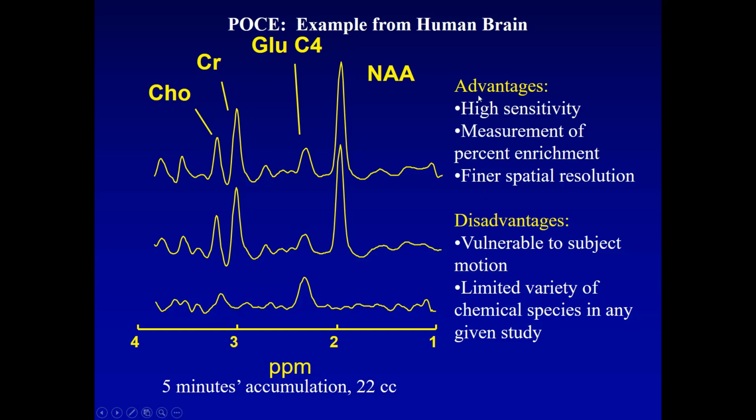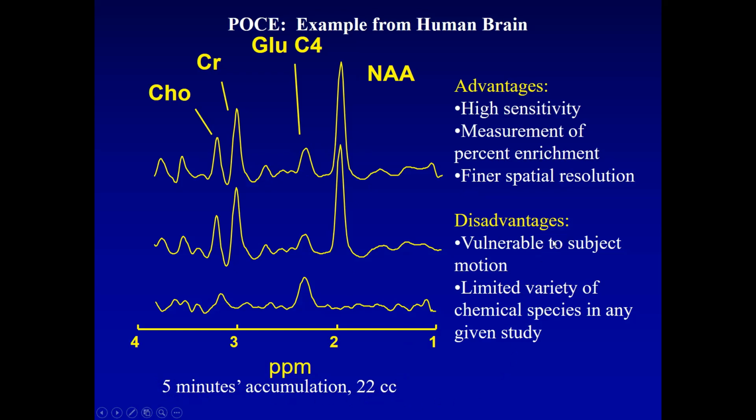So the advantages of this are that it's very highly sensitive because now we're looking at protons. And we can measure the percent enrichment, not just the amount of carbon-13. So we can say, oh, this peak represents a certain fraction of the total glutamate. And we can get finer spatial resolution because there's greater sensitivity, or finer temporal resolution.